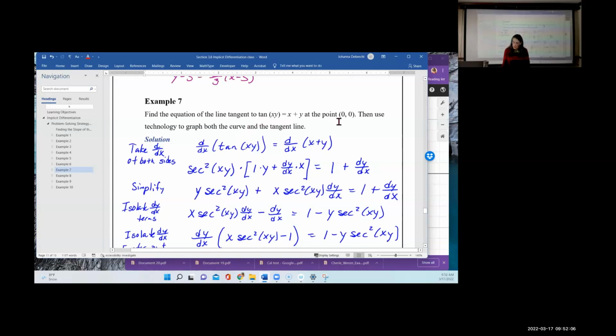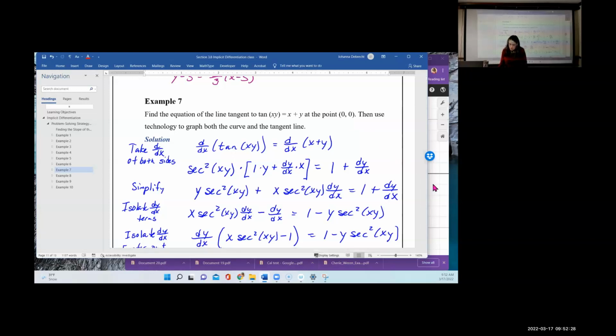We are supposed to look at this point at the point 0, 0. 0, 0 does work in the original. The tangent of x times y, 0 times 0 is 0. The tangent of 0 is 0, and 0 plus 0 is also 0. So 0, 0 is on the graph of this equation.